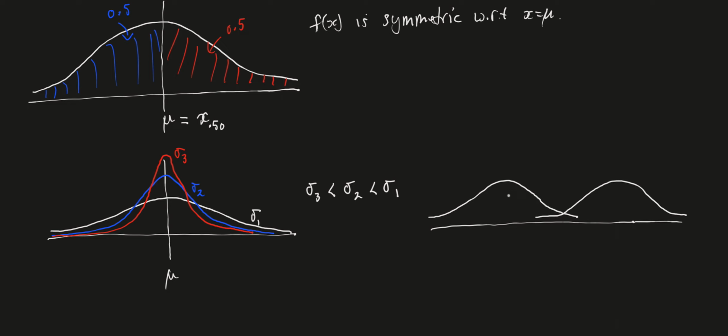Here this would be your mu1, and this would be your mu2. Thinking of this on the number line, clearly mu1 would be less than mu2. So from a purely geometric standpoint, we refer to mu as the location parameter.